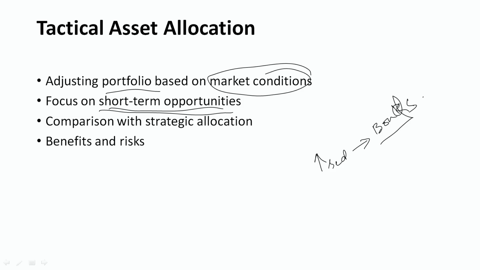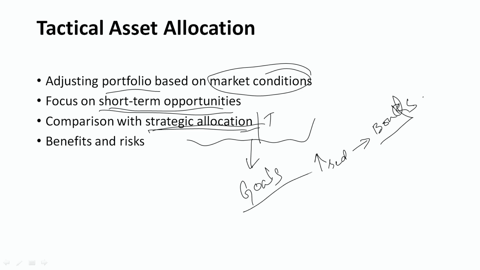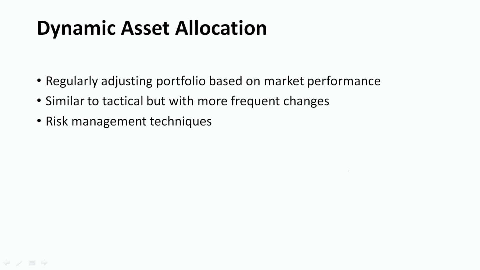In that condition you can use it, and you should always have a long-term calculation along with tactical asset allocation, where you know your strategic allocation, because that is for a long-term purpose, and you compare your strategic allocation with tactical allocation and see whether you are meeting the goals in the long run. In the short run you may get the benefit, but even in the long run it should be in alignment with the strategic allocation.